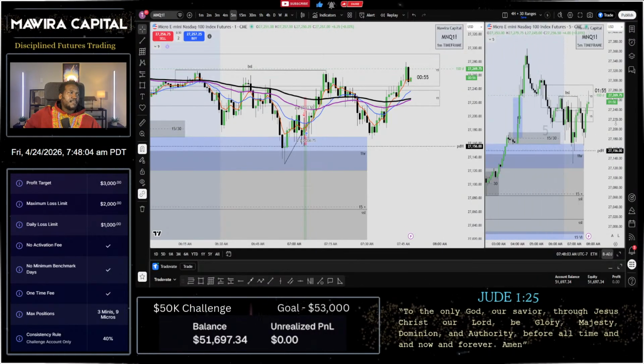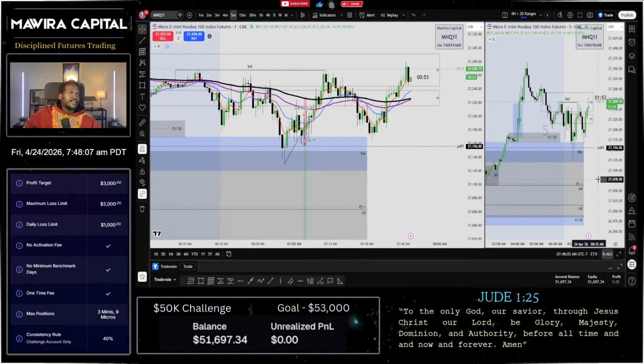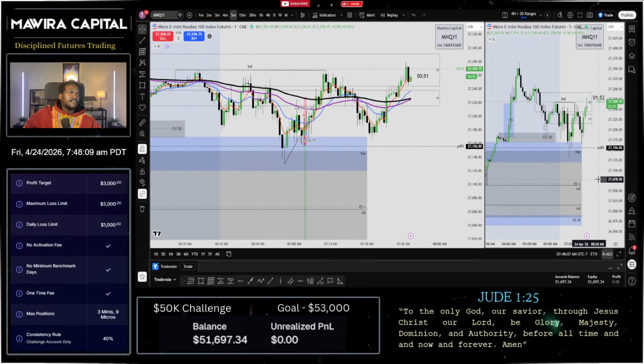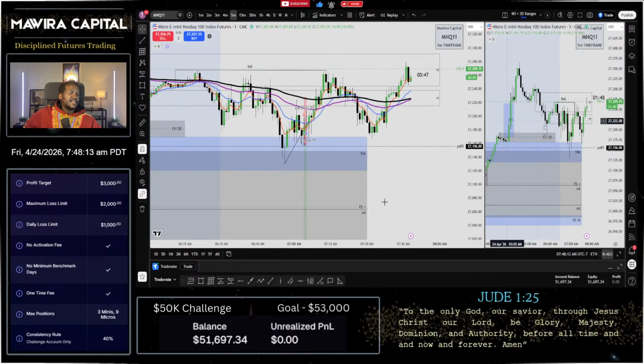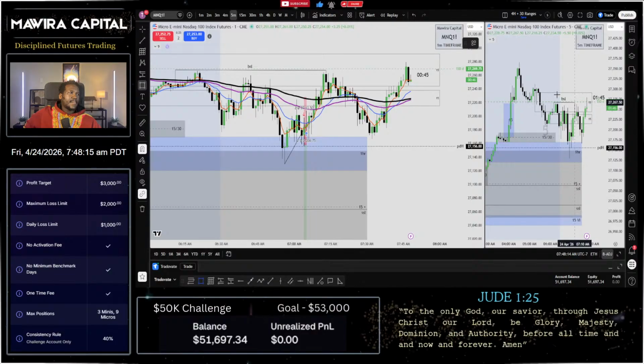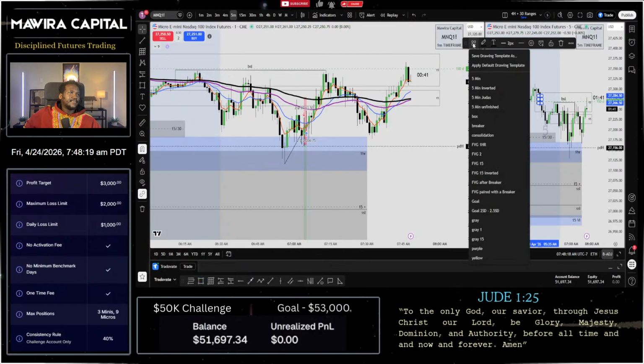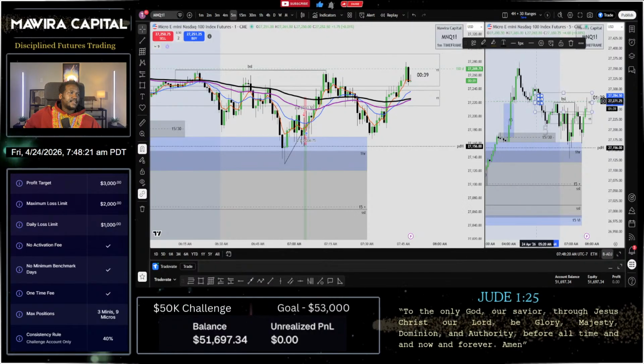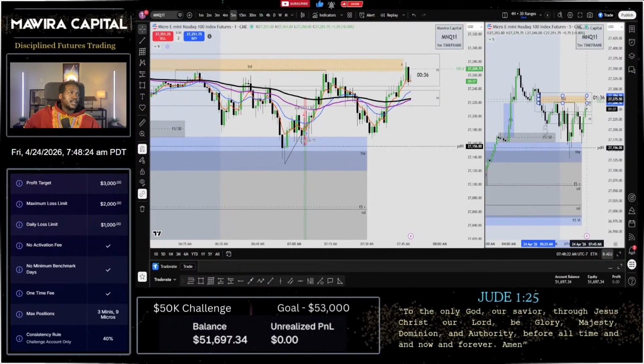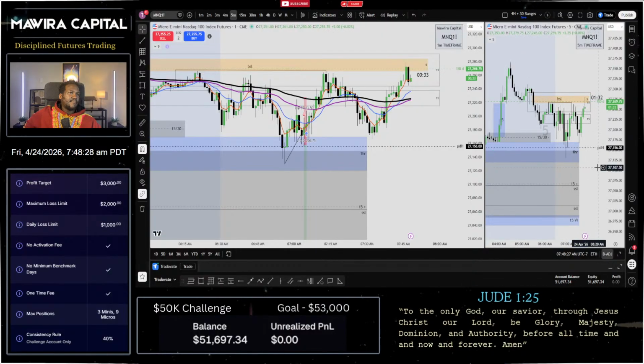Five-minute time frame. I don't like this time frame. Buy side with a 5-minute fair value gap right there. Let's analyze. Five minutes, I used to trade that a lot. That used to be my everything.